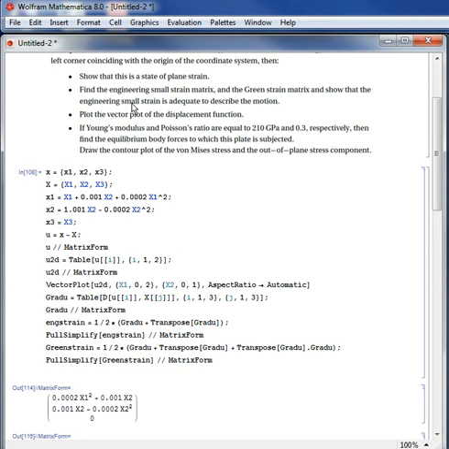Afterwards, after we've drawn all the displacements and everything, we're given Young's modulus and Poisson's ratio, and we'd like to find the equilibrium body forces to which this plate is subjected, and then we need to draw the contour plot of the von Mises stress and the out-of-plane stress component. The out-of-plane stress component is sigma 3,3.